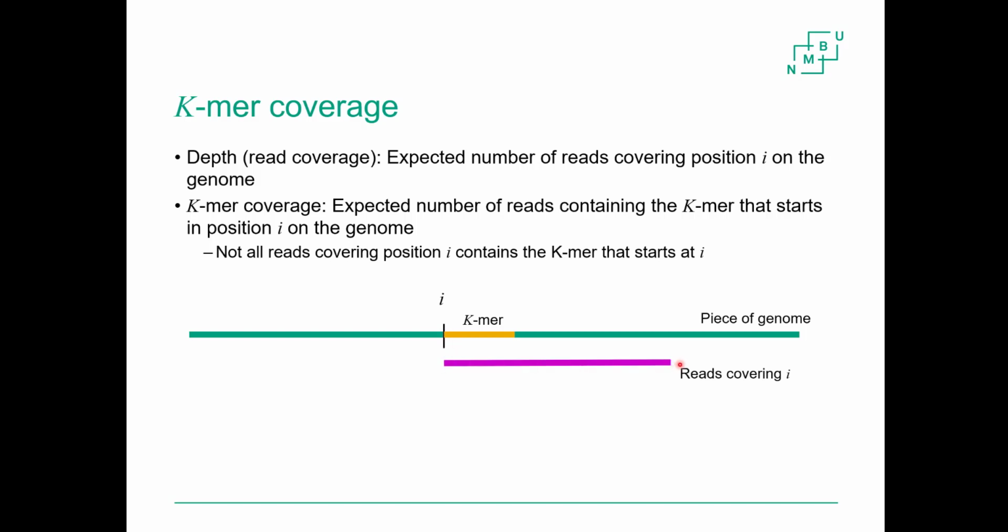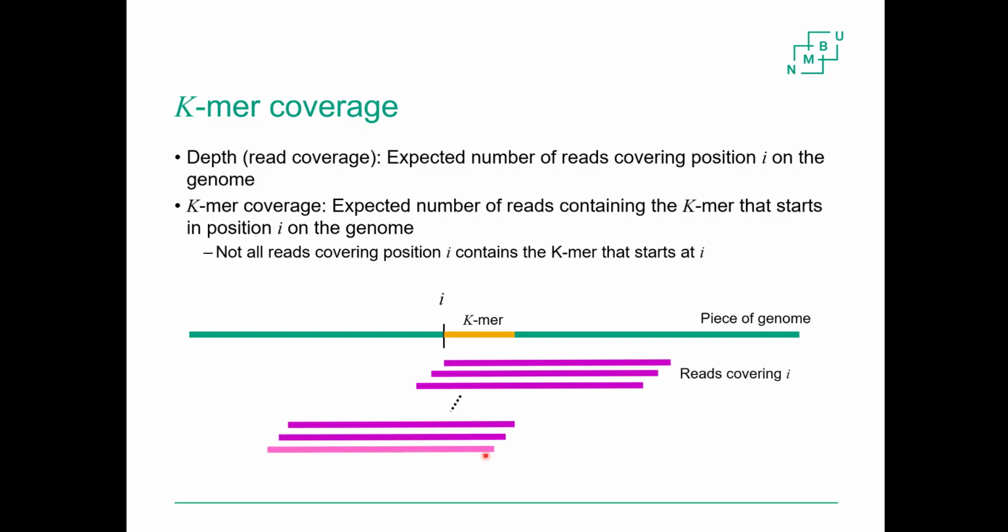Well, this read will cover I, right? The read that starts in this position and comes from this region of the genome covers I. Also, this read starts in the position before, also covers I. And this read starts 2 positions before, also covers I, and so on.